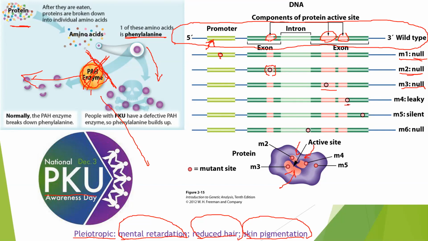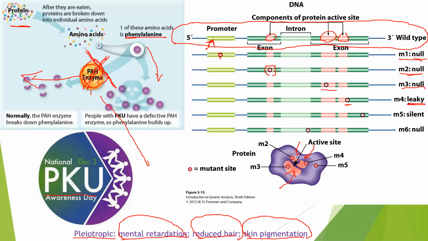However, this one is a little bit different because the mutation occurs between the pink and the green one, which means this is not fatal, but this mutation will cause some partial loss of the function. Then you're going to see partial phenotypes of the disease and partial normal.